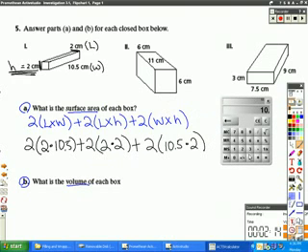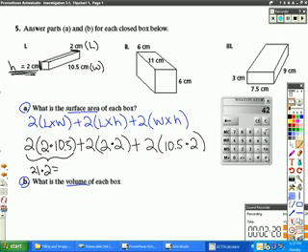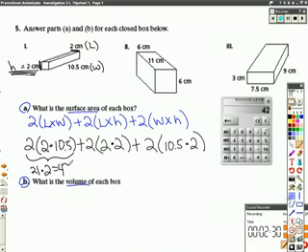So 10.5 times 2 is 21. So 21 times 2 equals 42. Okay, so 42 plus, this is 8, plus, and this is exactly the same as the first part, so plus 42.